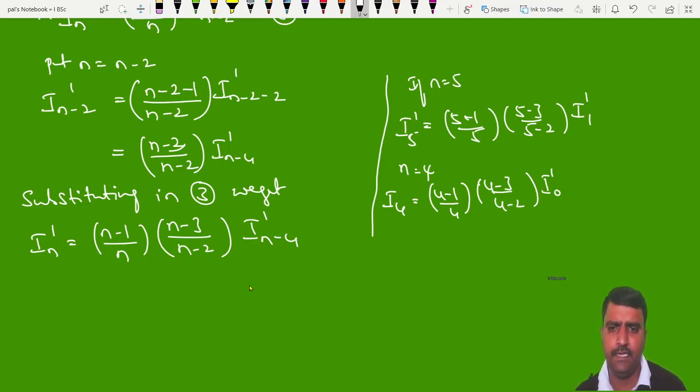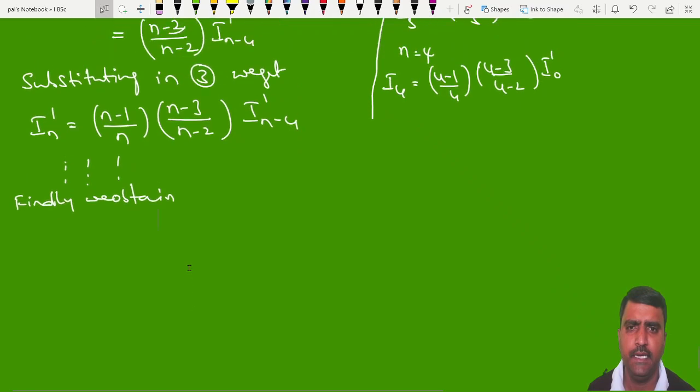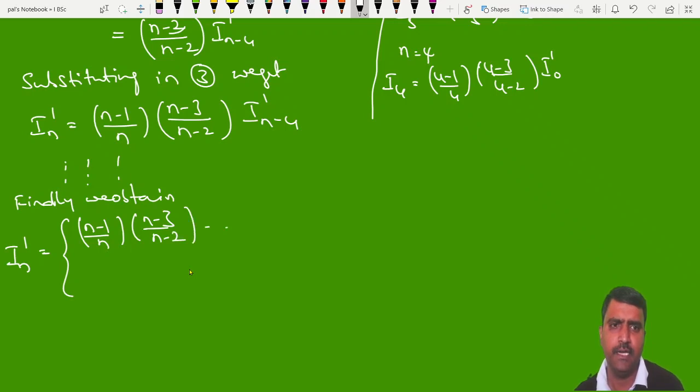So finally, if you go on continuing like this, we obtain that In dash is equal to n minus 1 by n into n minus 3 by n minus 2 and so on, into I1 dash.